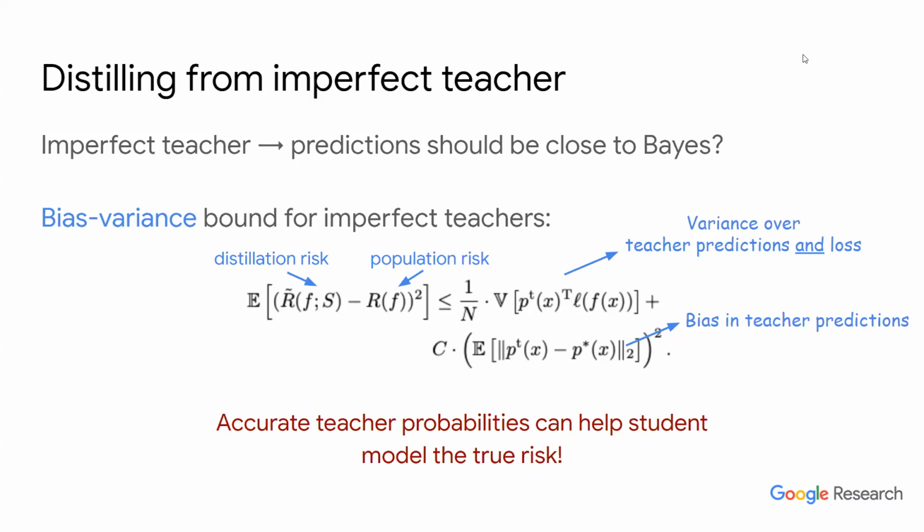So this tells you that an accurate model doesn't guarantee a small gap between the distillation risk and the population risk. What we want is to minimize this term, or this, right? So we want to train a teacher that accurately predicts the labels, not the top-one accuracy.